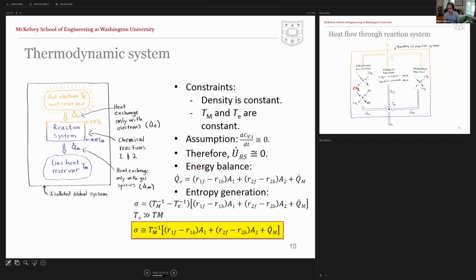So then you can do an energy and an entropy balance and observe that the electron temperature is orders of magnitude higher than the gas temperature, and arrive at this expression for the entropy generation. So it has three terms in the bracket. The first term is the rate of reaction for reaction 1 multiplied by the affinity of reaction 1. The second term is the same thing for reaction 2. And then we have this term Q dot M, which is the heat that you're dumping to the cold reservoir. And of course, that bracket is multiplied by the inverse of the temperature of the cold reservoir.